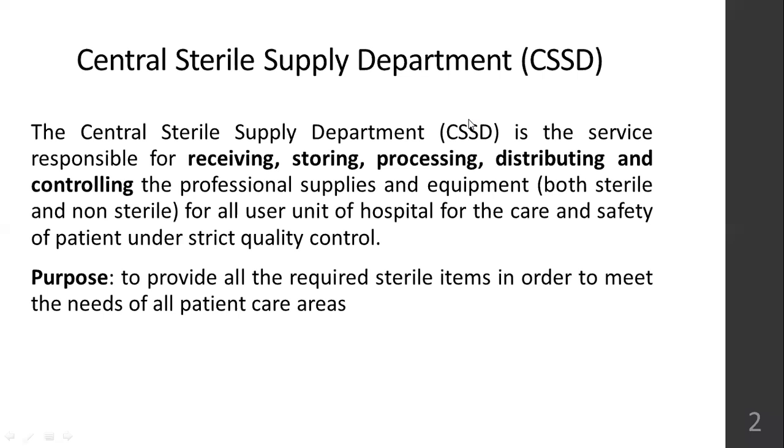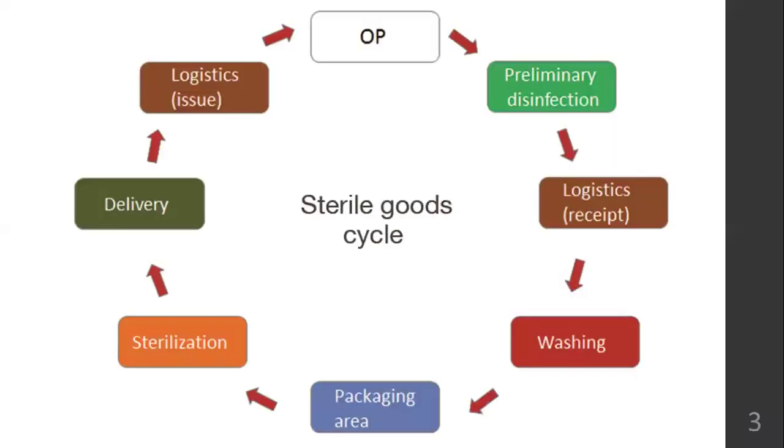You should have a record of how many items were distributed to which user department, so that items don't get lost. Whatever goes out from the CSSD should come back to the CSSD. That is the control technique, and quality control as well. These things are done for the care and safety of the patients.